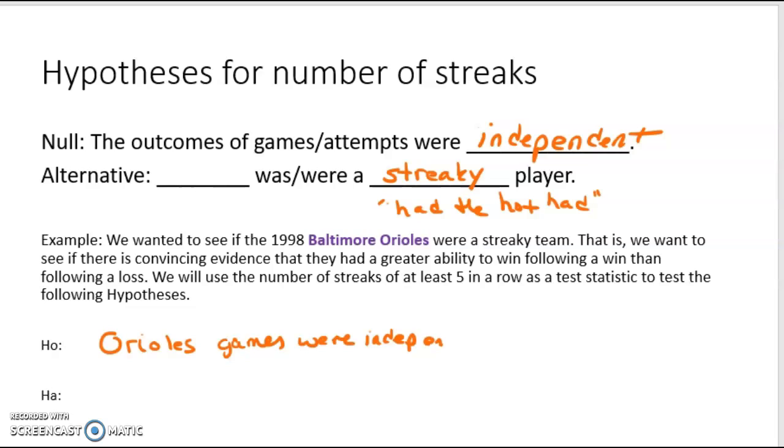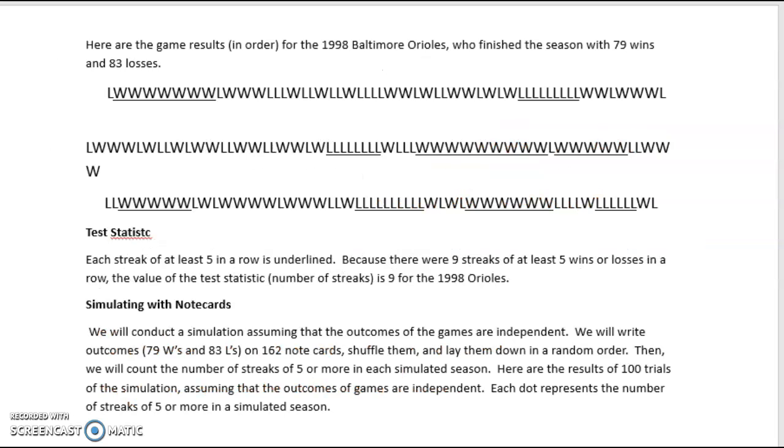And believe me, I just keep these as simple as I can. Then for the alternative, you're going to say the Orioles were a streaky team, specifically for that season. So that's your null and your alternative hypothesis.